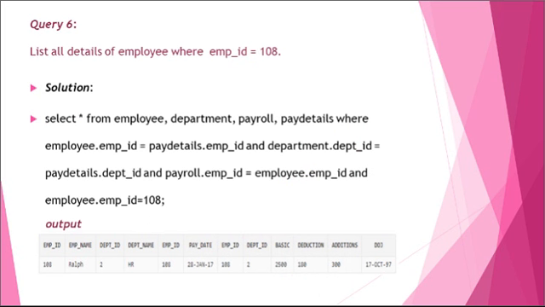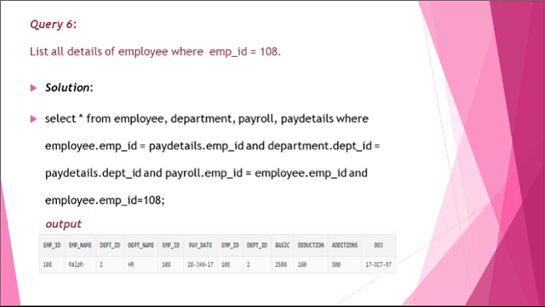Now in the sixth query, I have to list all the details of the employee where employee ID is equal to 108. It means I want to fetch the whole information of a particular employee whose employee ID is 108. Now I have to fetch data from all the 4 tables.